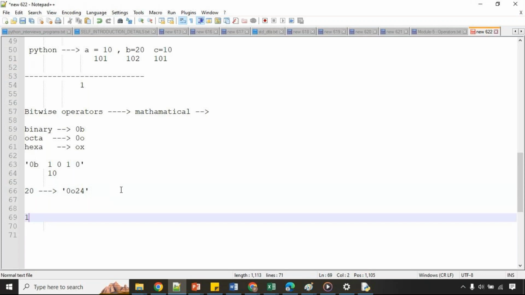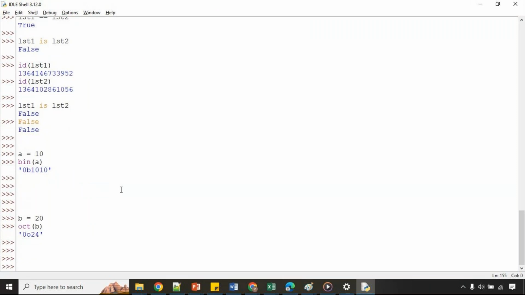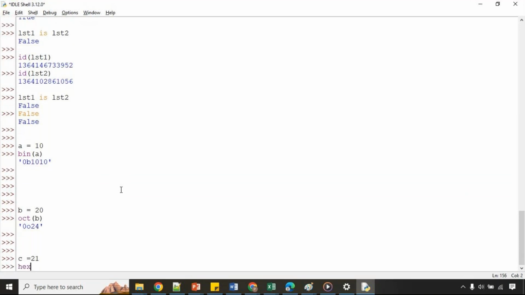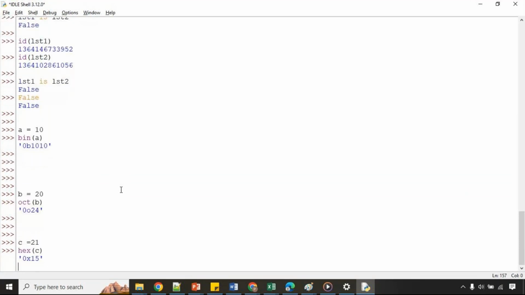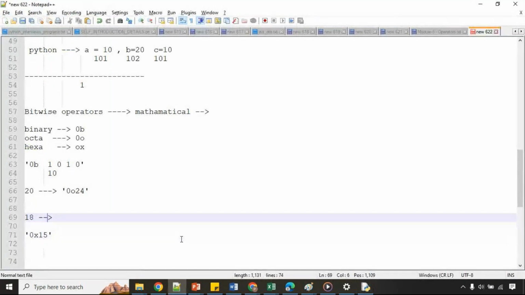Similarly hexadecimal. c equal to 21. Now hexadecimal of c gives 0x15. 0x is the prefix, you can ignore. 5 into 16 power 0, 1 into 16 power 1.